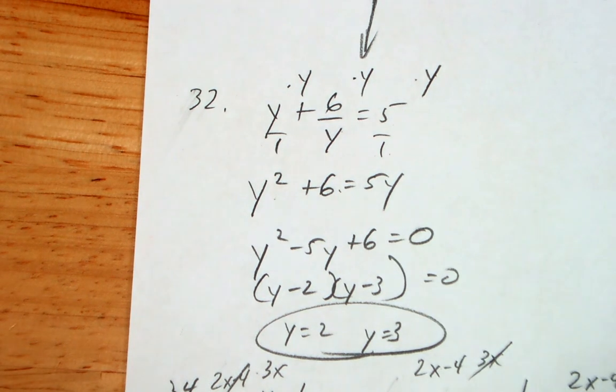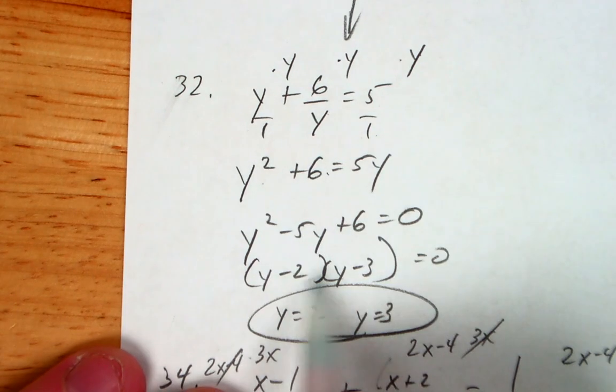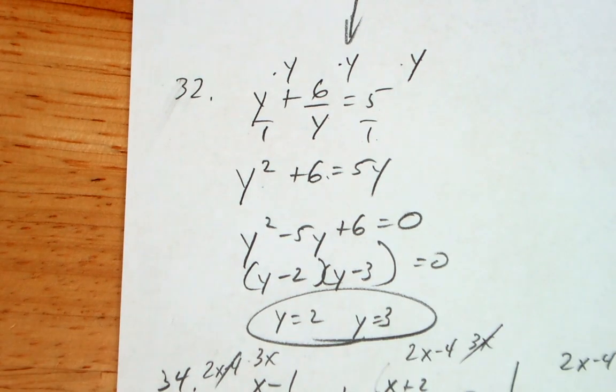I scoot that over, and then I get this, and it factors down to y minus 2, y minus 3, and I get 2 and 3. It's usually a good idea to plug both of these in. They do both work, so that's good.